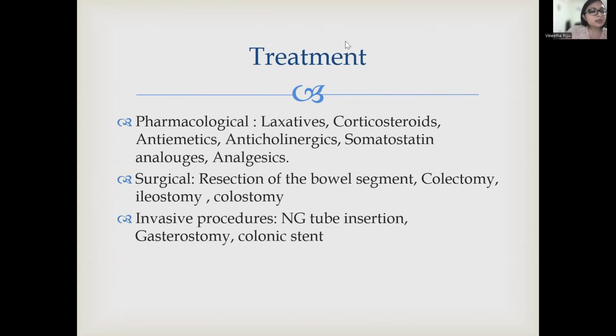Yes, Dr. Shaleen was asking, usually we see a combination of ascites and obstructions, so ascitic tap as and when required. Definitely we can go for an ascitic tap, but it is also giving you a hint that there is disseminated peritoneal metastasis, which is probably contributing to the ascites rather than just a low albumin level, right? So what are the different laxatives that you can give for this patient?